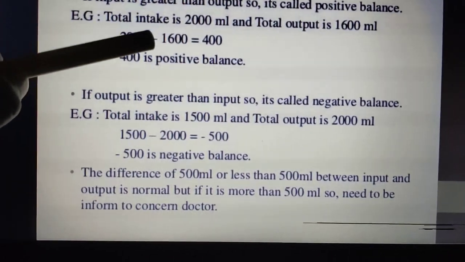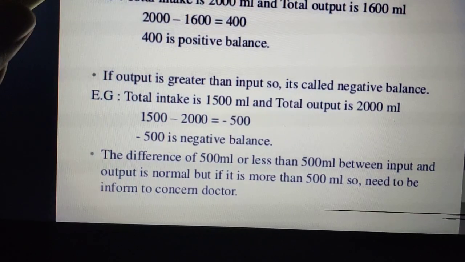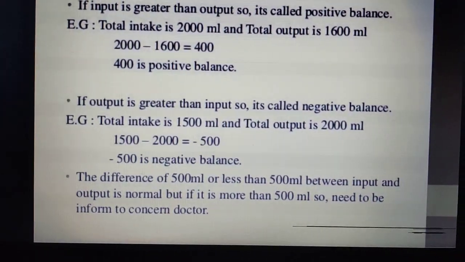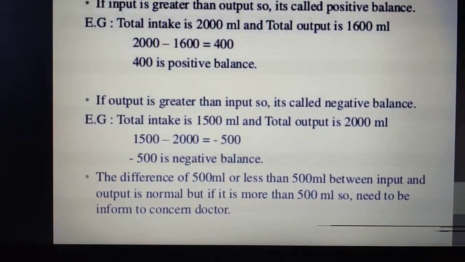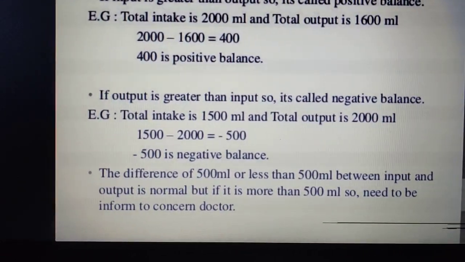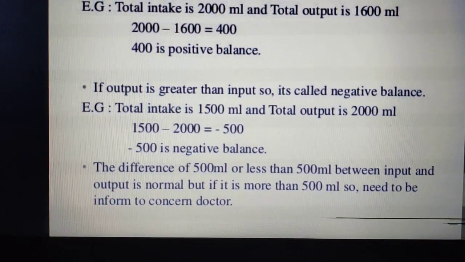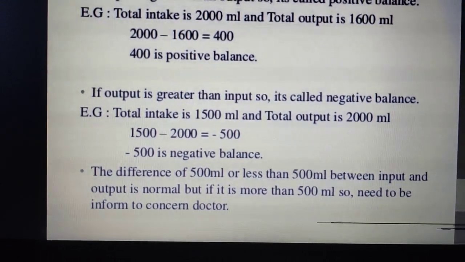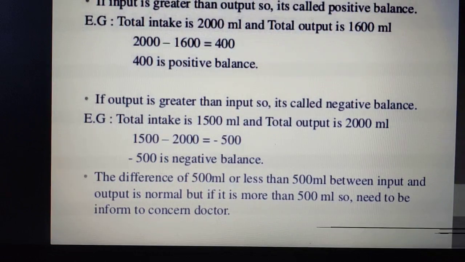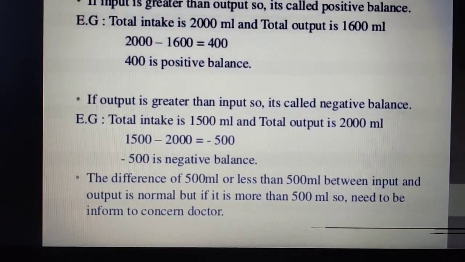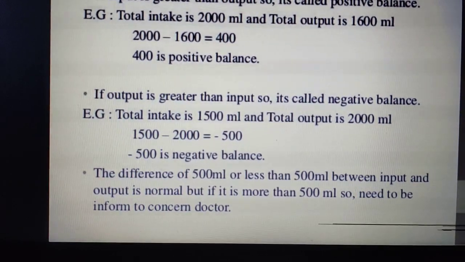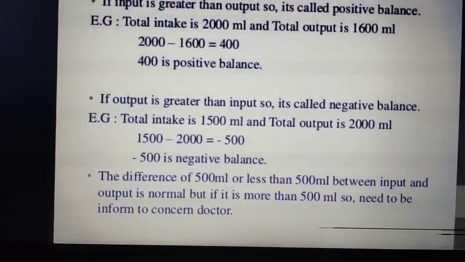See, whatever it will come, any differences? As I told before, if the patient drinks 1000 ml of water and excretes the same 1000 ml, it is normal. Otherwise, if the patient drinks 1000 ml of water and excretes 500 ml, what is the difference there? 500. More or less 500 ml.